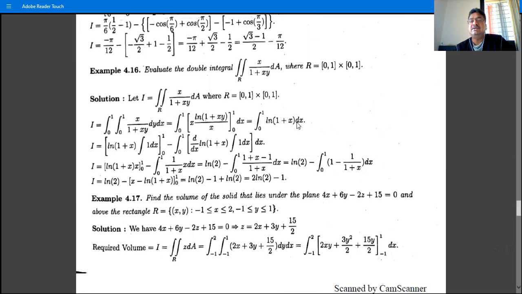Log of 1 plus x into 1, and then write log of 1 plus x as first and 1 as second. So first times integration of second minus integration of second times derivative of first dx, and then we have this answer. And integration of 0 to 1, 1 by 1 plus x is what?